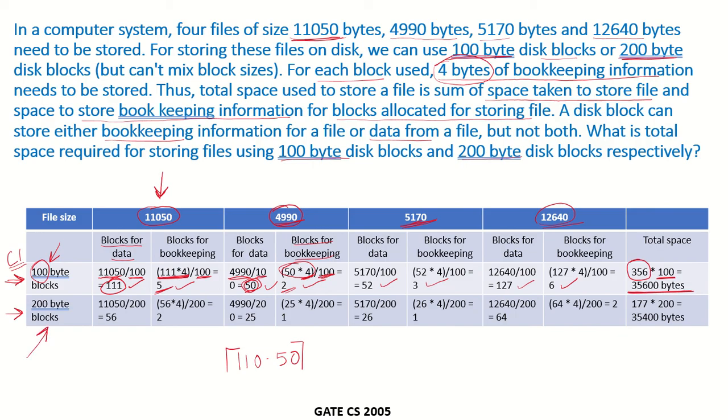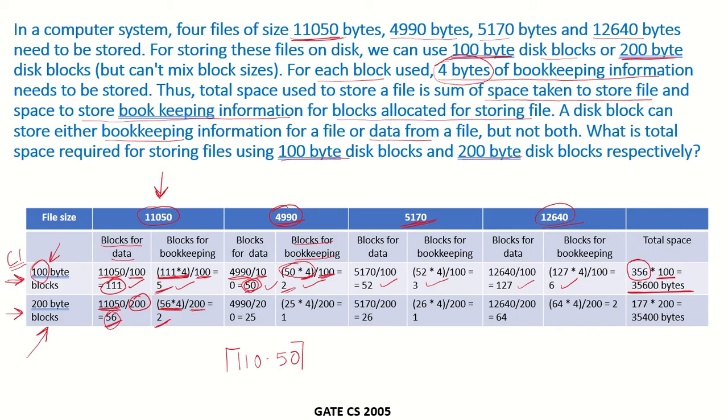A similar computation we can do for 200 byte blocks also. Divide the file size by 200 now. So this gives us 56. And for these 56 blocks, 56 into 4 bytes are required for bookkeeping. Divide by 200, so you get the number of blocks.